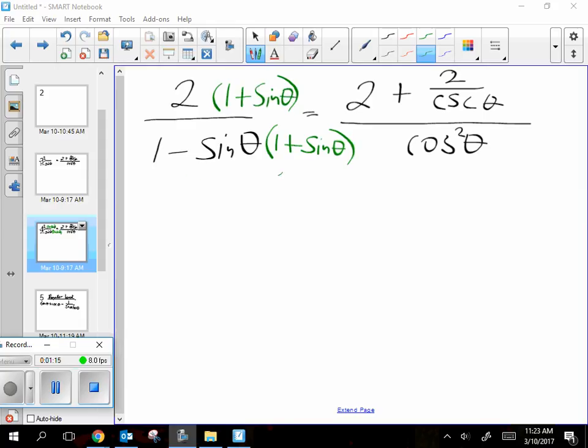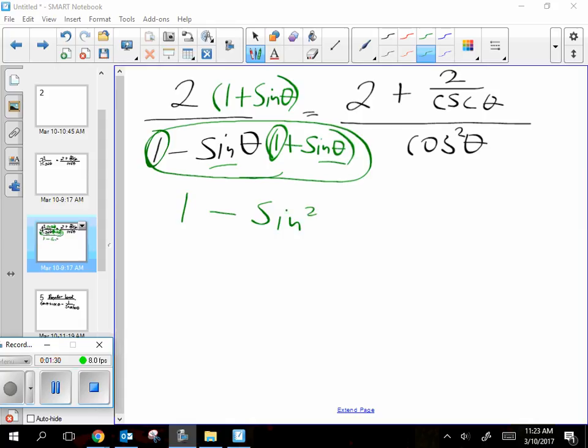Well, I know that when I multiply these kind out, I always get 1 and a minus, or whatever the number is that this times this makes, and a minus, and then this function squared. And I have it in my memory banks that 1 minus sine squared is cosine squared. So I kind of knew that that would happen if I multiplied with a conjugate.